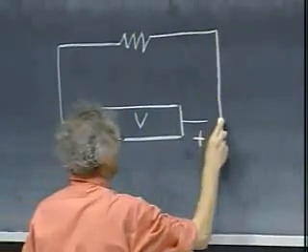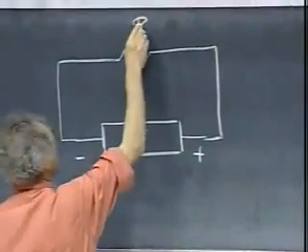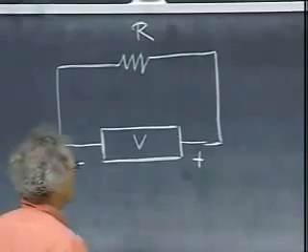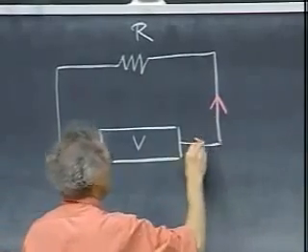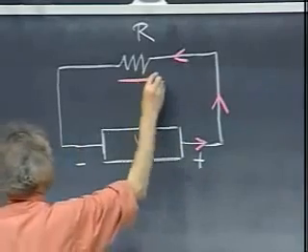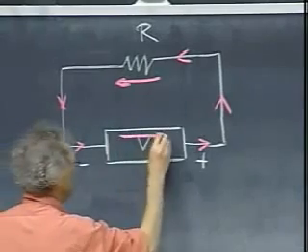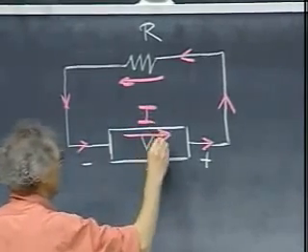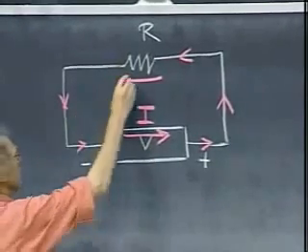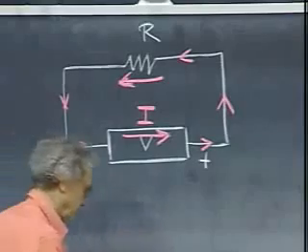I have a resistor here, R, and as a result of this, the current will start to flow in this direction, this direction, this direction. So in the power supply, the current flows in this direction. Through the resistance, the current flows in this direction.